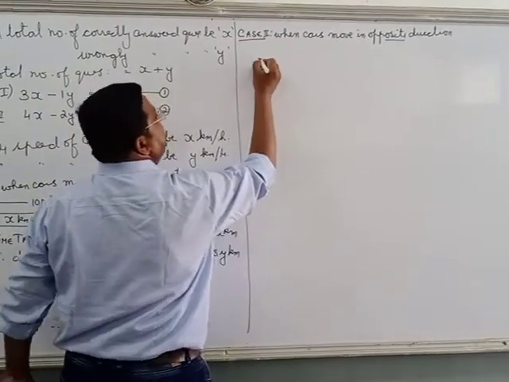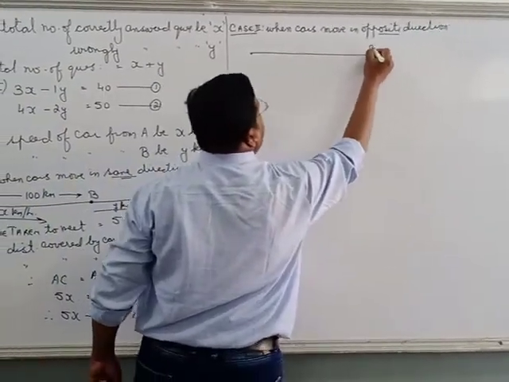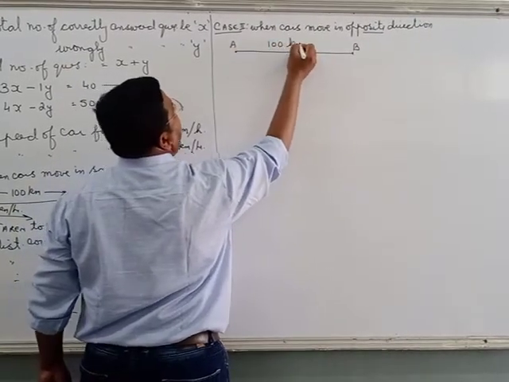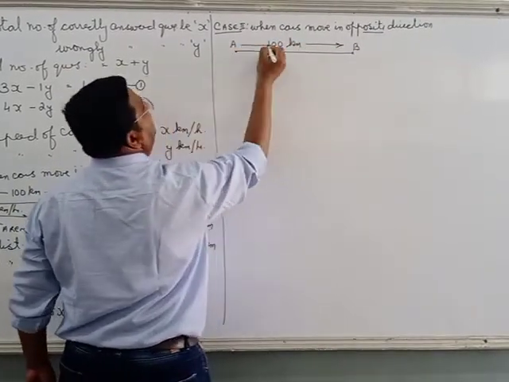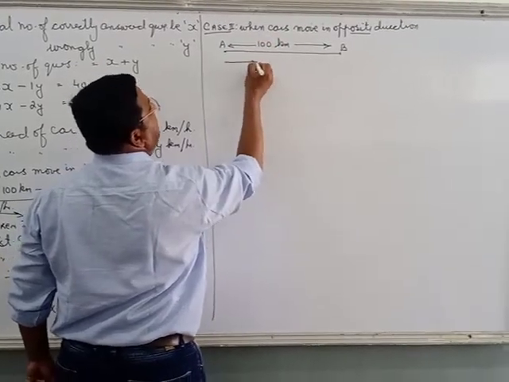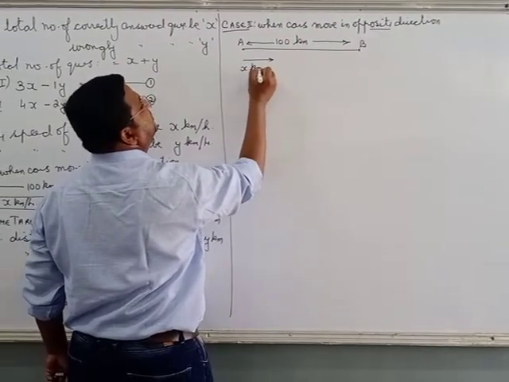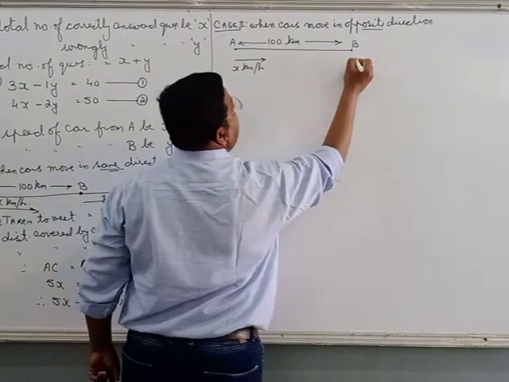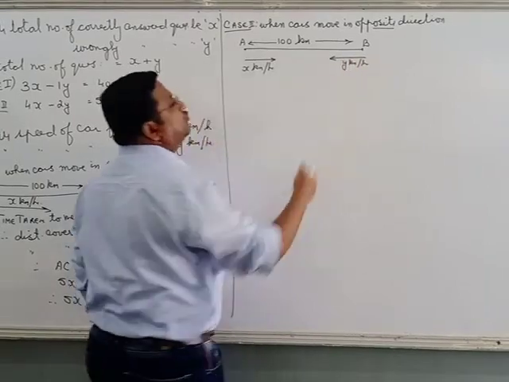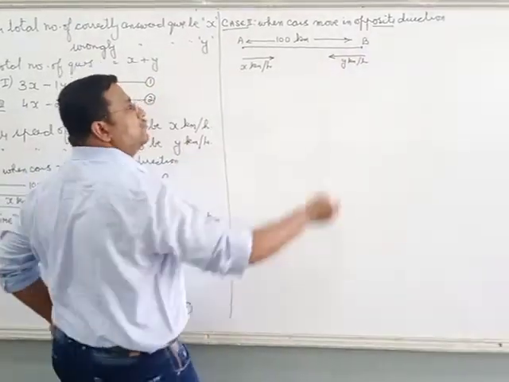Say this is place A, this is place B, and the distance between them remains the same, 100 km. But now this car is starting at a speed of x kilometers per hour, and this car is starting at y kilometers per hour, and they are moving towards each other.